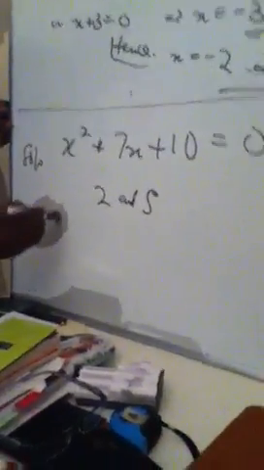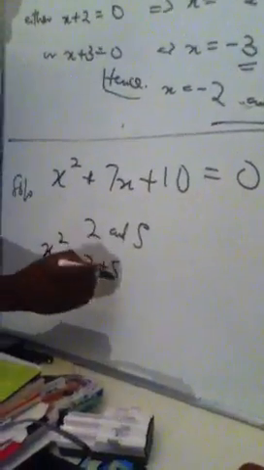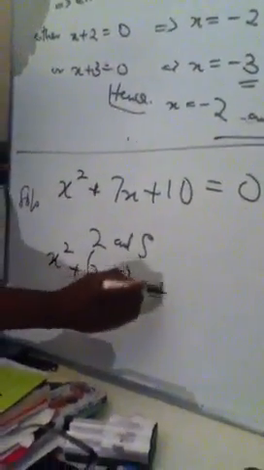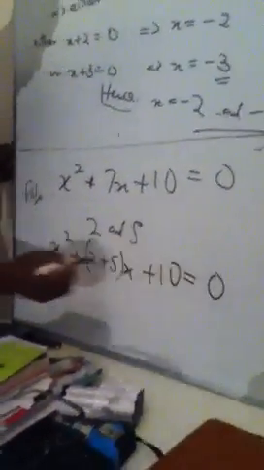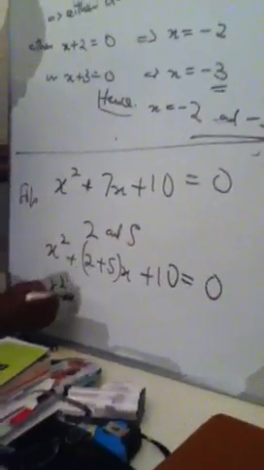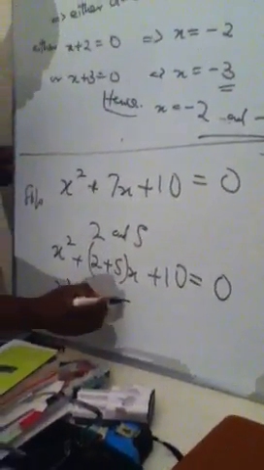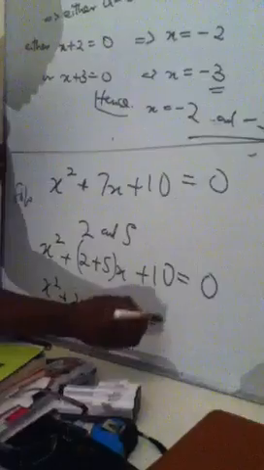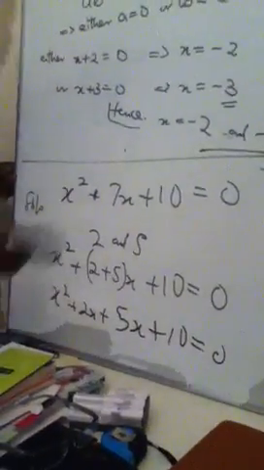So again, I have x squared plus 2 plus 5 into x plus 10 is equal to 0. Then I have x squared plus 2x plus 5x plus 10 is equal to 0. Then I factorize it. I would expect you to finish this.